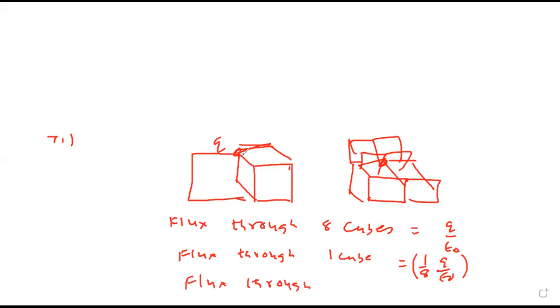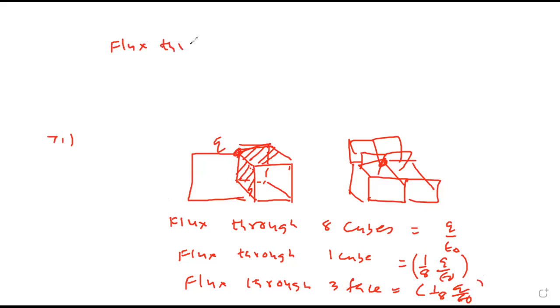Then what will be the flux through one face? There are 6 faces, but there are only 3 faces through which it will pass: one top, behind, and this. We want through one face. So flux through 3 faces is one cube here, because this charge is attached only to the vertex of intersection of 3 faces.